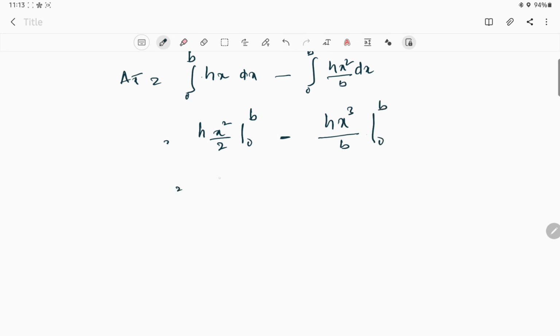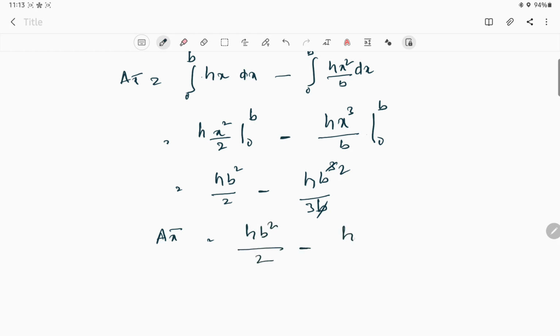Okay, so what happens here, h into b square by 2 minus h into b cube by 3b, isn't it? So b and this will get cancelled. So A x bar is equal to h b square by 2 minus h b square by 3.